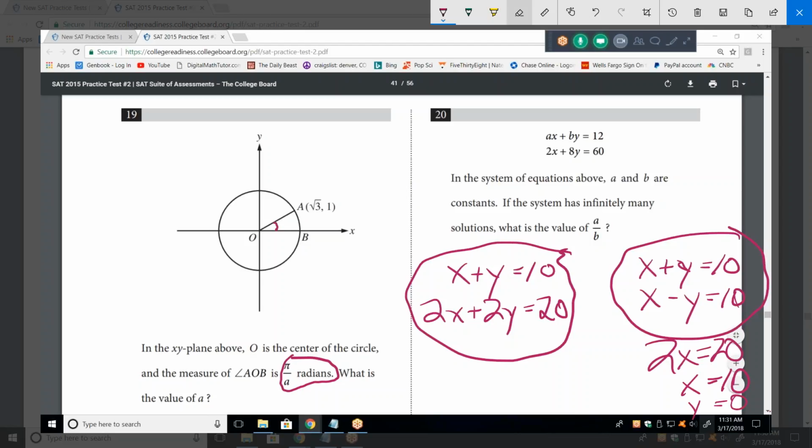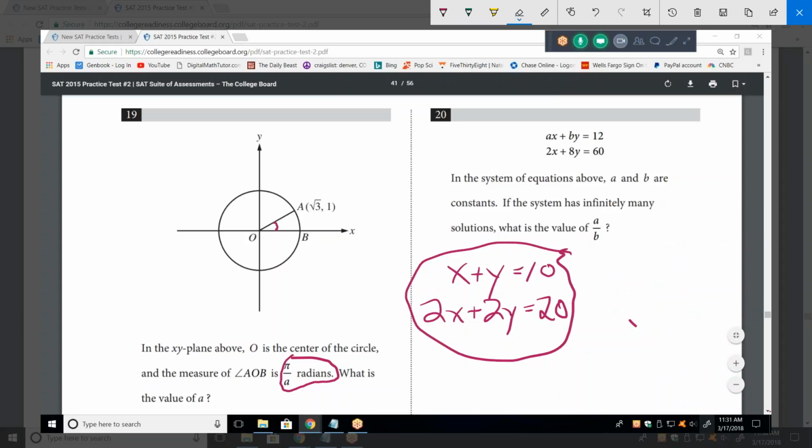What produces an infinite number of solutions is when the one equation is exactly the same. Notice in my first one, the top equation is the same as the bottom one. It's just the bottom one's been multiplied by 2, but it's not a different equation.